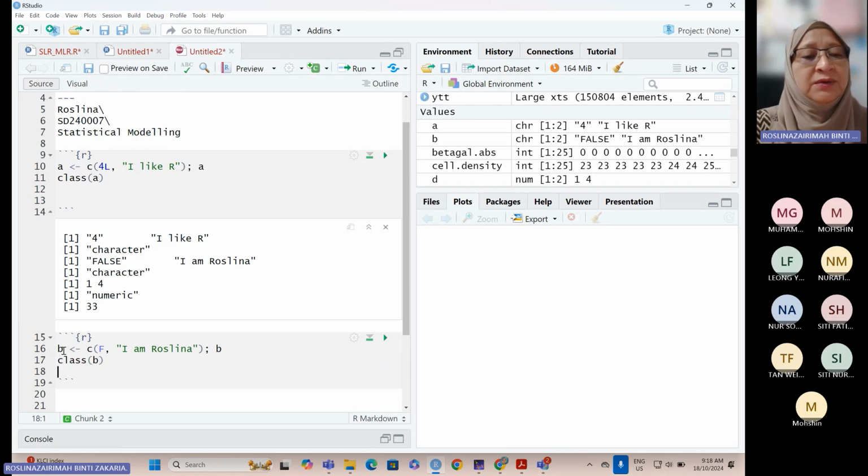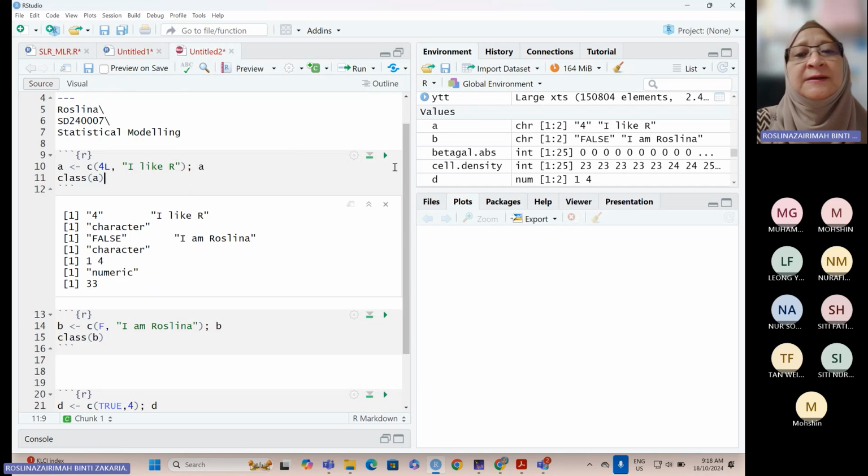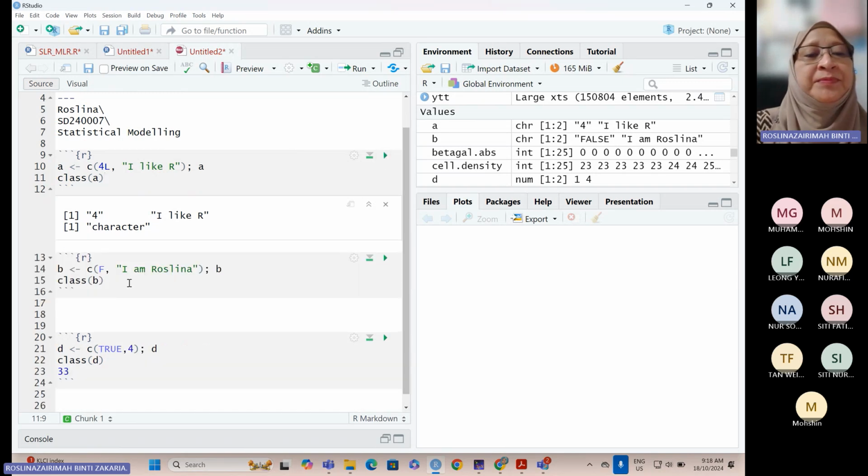So when you do the exercise, you can do this, so that you can see the output just below it.